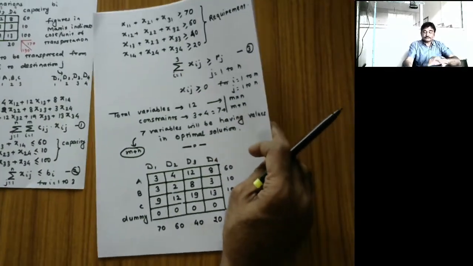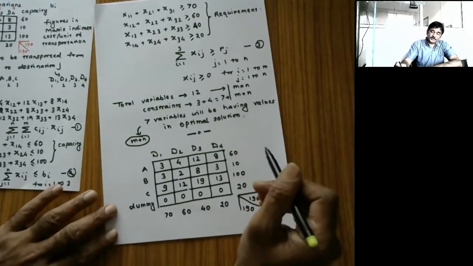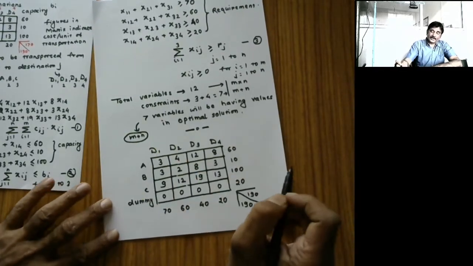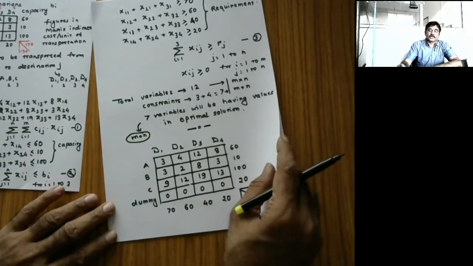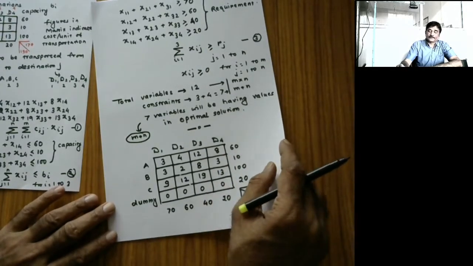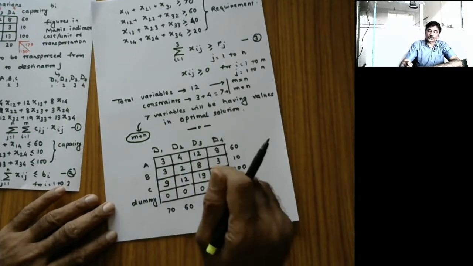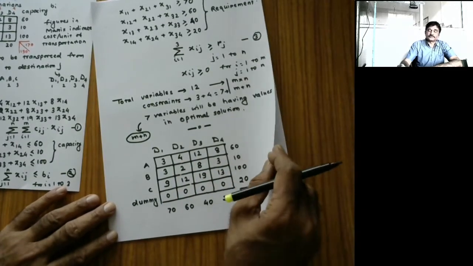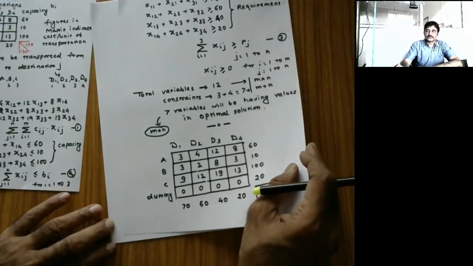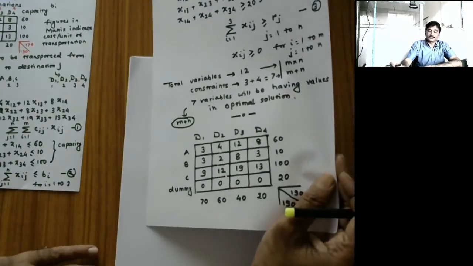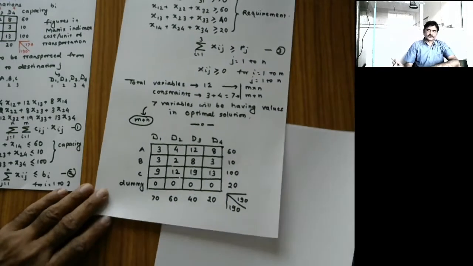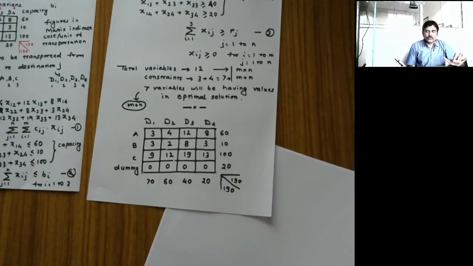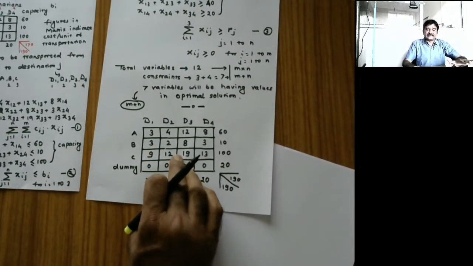All right, now in this problem, what has happened is that earlier I had 3 rows and 4 columns. Okay, now there are 4 rows and 4 columns. What is happening because of this? Suppose I want to formulate this. There is technically no difference between this and this problem.